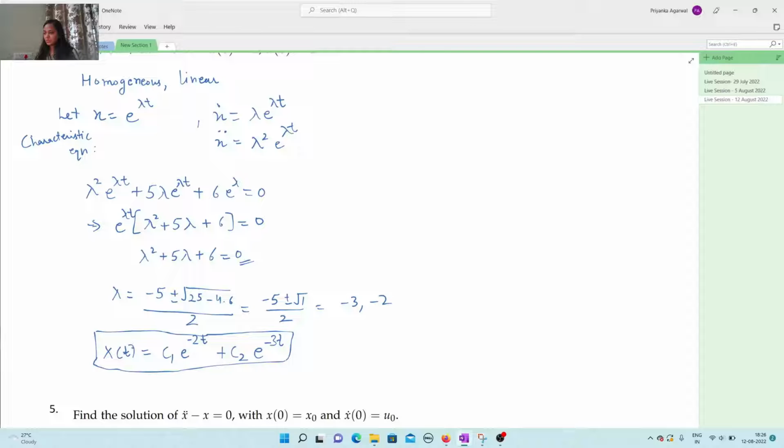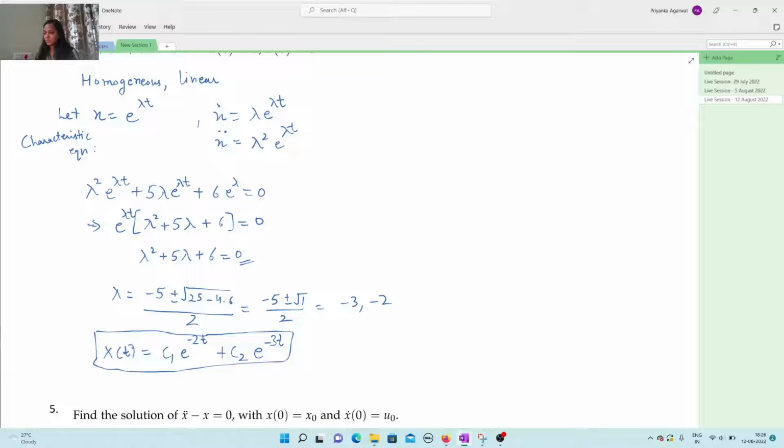Now these are the two equations, and if we solve equation 1 and equation 2, to solve we can add the equations. We will get the value of C1 is x0 plus u0 over 2, and the value of C2 can be written as x0 minus C1.